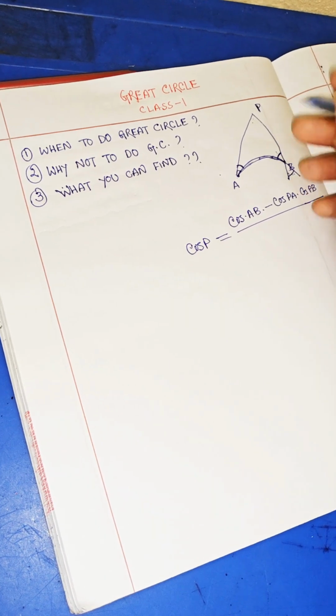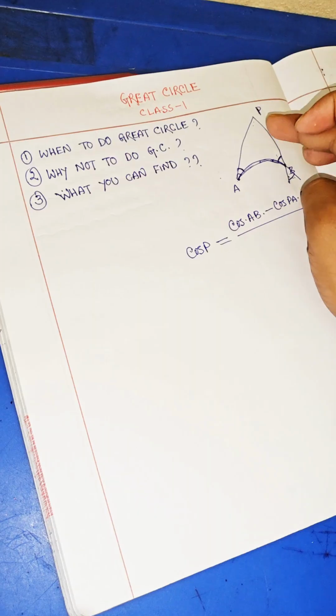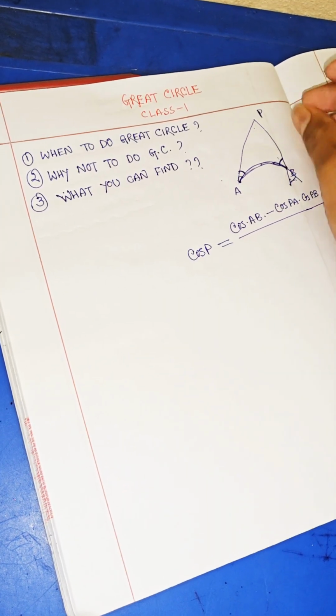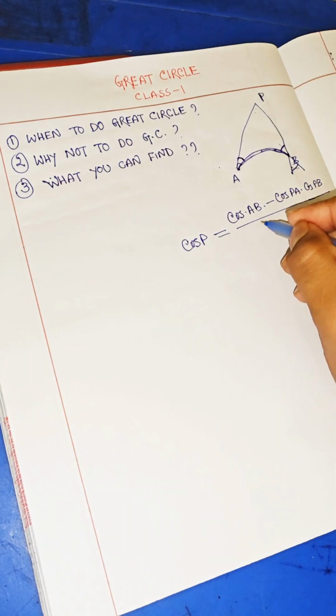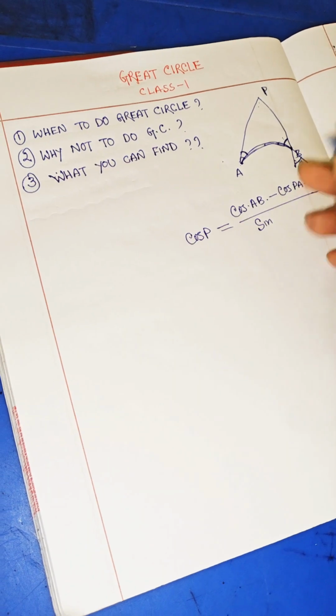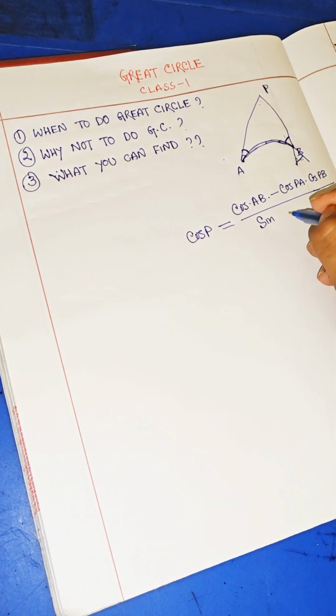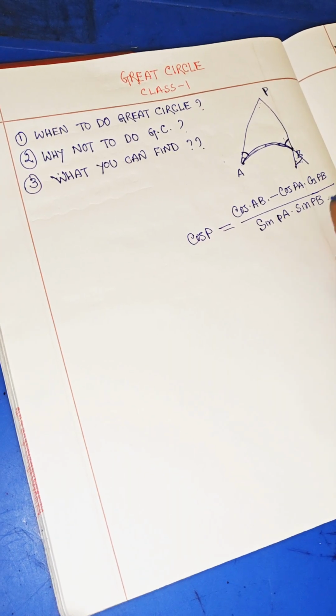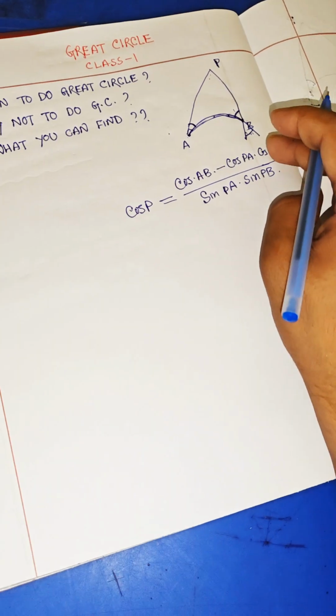Check correct or not. Cos P is equal to cos of opposite side minus cos of adjacent side of P, remember, divided by sine of adjacent side, sine PA into sine PB. Understand guys, this much formula.